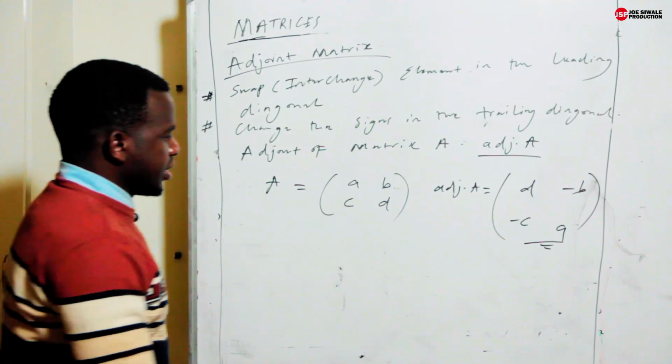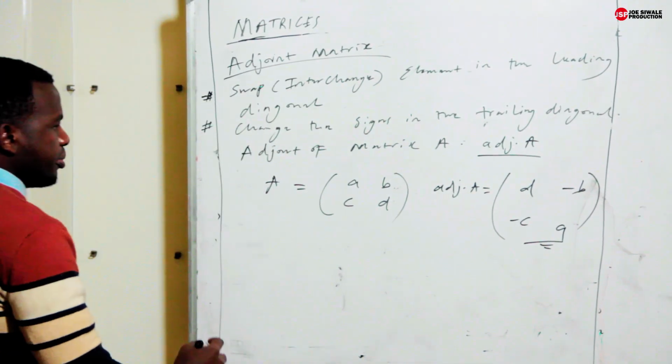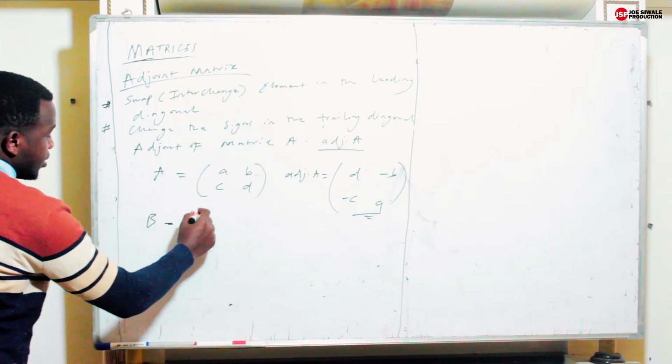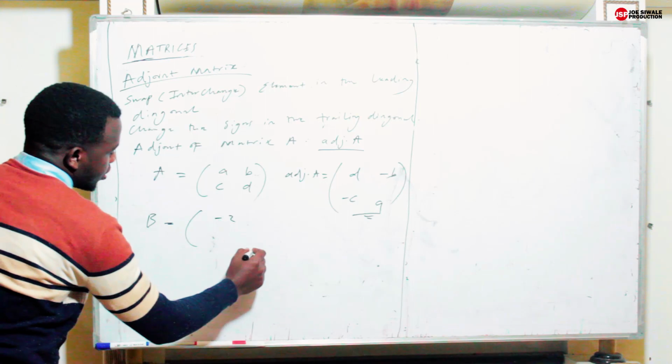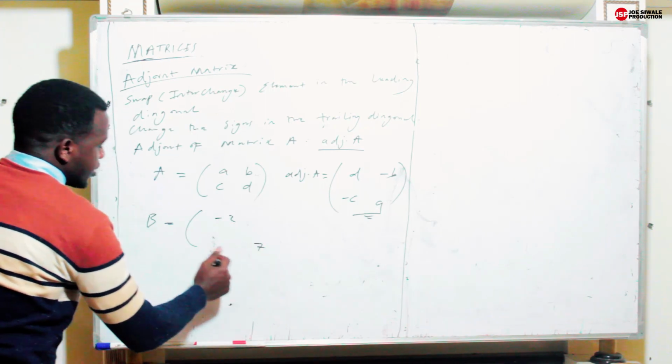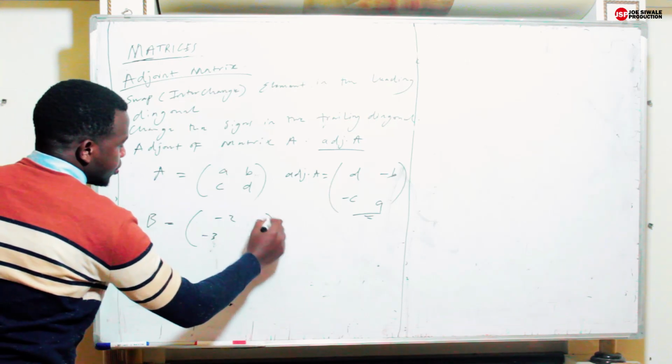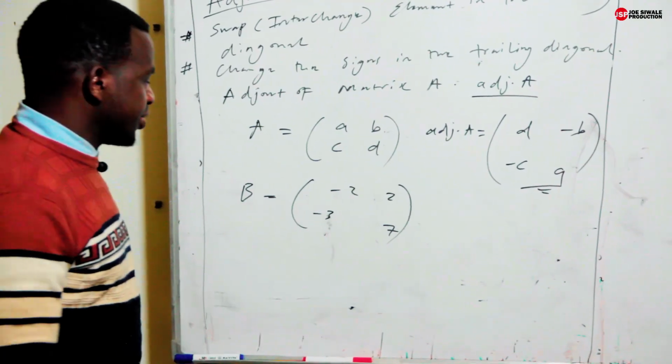Let us look at another example. If we have matrix B, with negative 2, then 7, then here we have negative 3, then 2, and you have been told, can you find the adjoint?